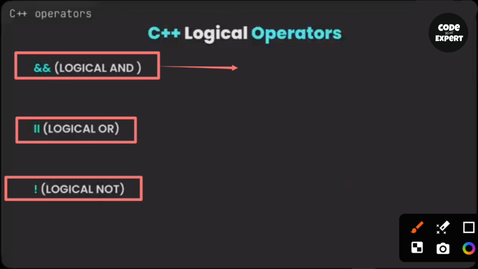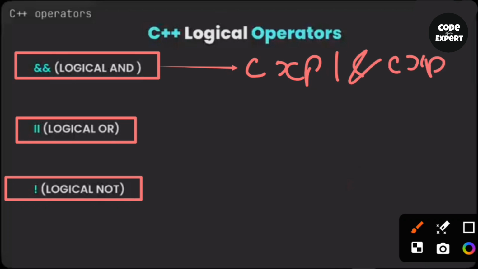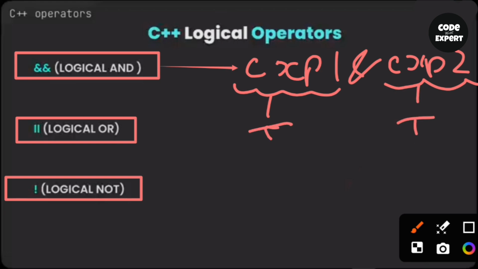Logical AND means if the user has given two expressions to the compiler, and both the statements are true, then the compiler will give true.